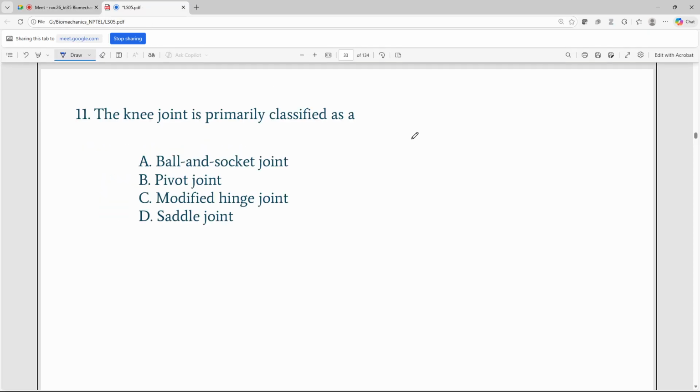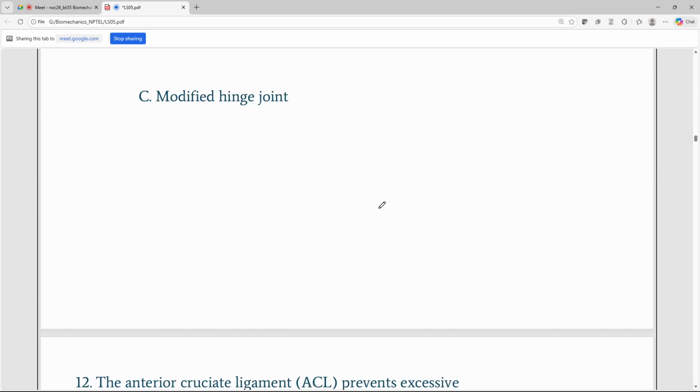Yes, answer is C, modified hinge joint. It is called a modified hinge joint because it gives more motion than a normal hinge joint provides.